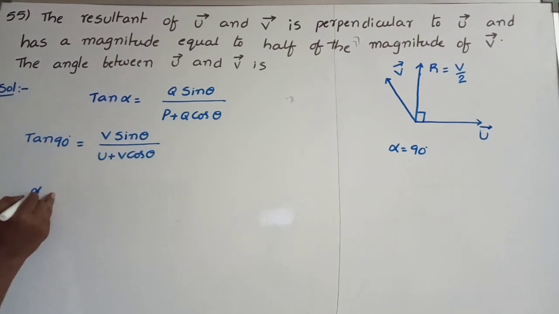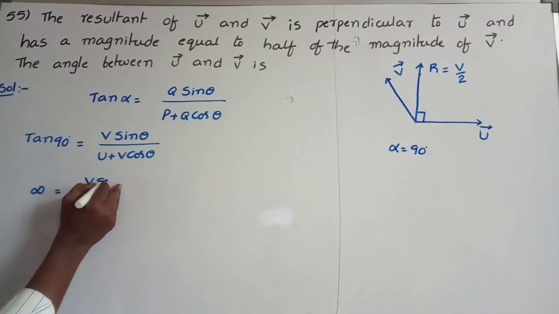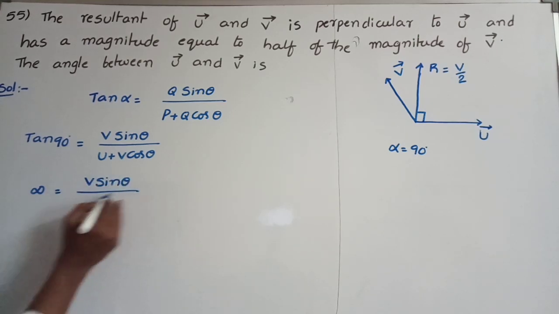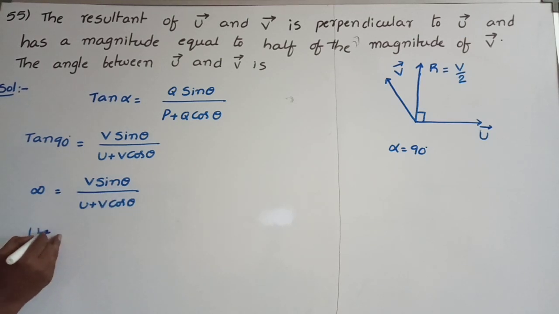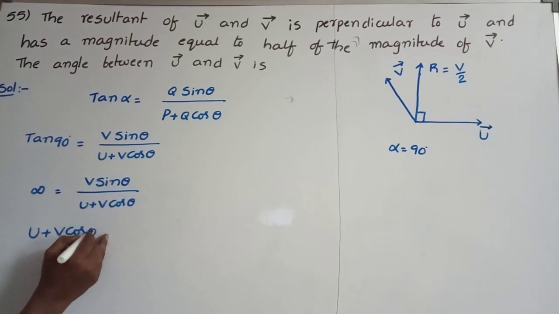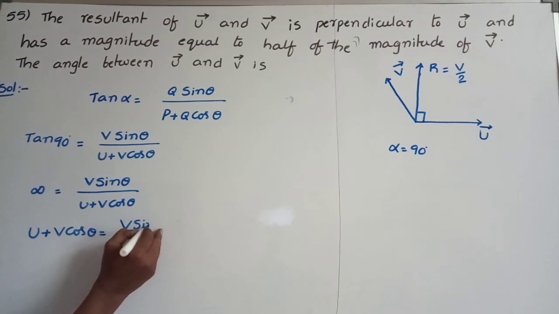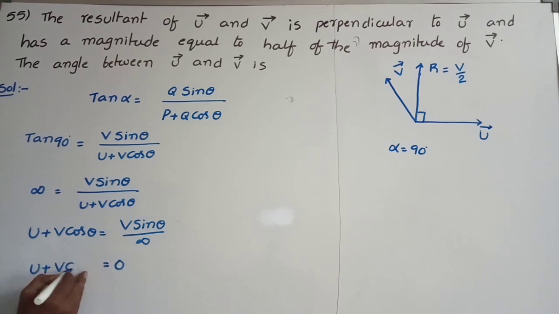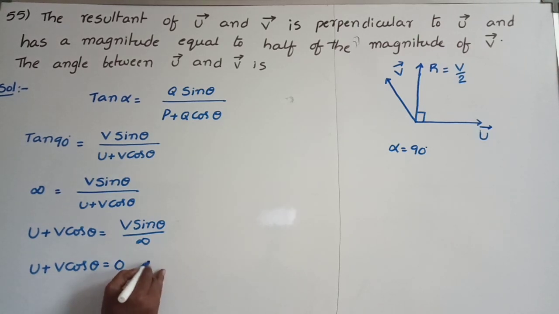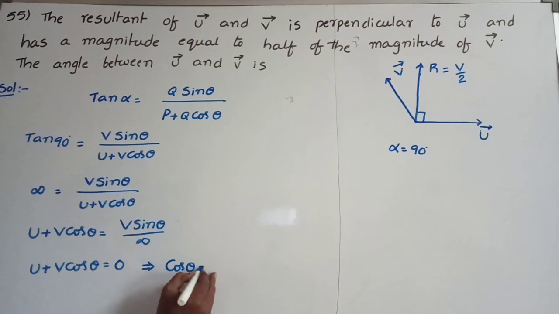Tan 90 value, infinity, is equal to V sin theta by U plus V cos theta. Cross multiply, then we get U plus V cos theta is equal to V sin theta by infinity. Anything by infinity is equal to 0. So U plus V cos theta is equal to 0. From this, cos theta is equal to minus U by V. This is one relation.